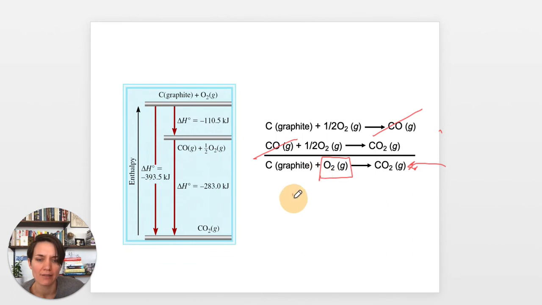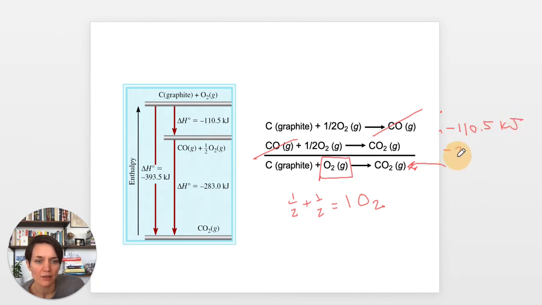We have half a mole and half a mole, giving us 1 mole of oxygen, right? So reactants and products cancel, and if they're on the same side, then the number of moles you have are going to be additive. So this is really cool because then we can say, okay, we had negative 110.5 kilojoules here.